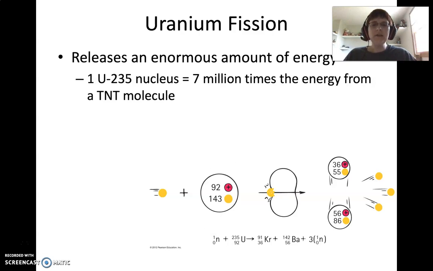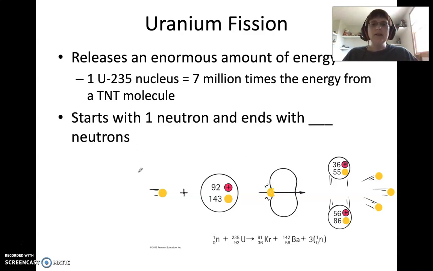And so you can see down here, we've got one neutron coming in. It hits our uranium-235, so you can see we've got our 92 protons, our 143 neutrons. It hits that nucleus, and we're going to get two nuclei. Like I said, they're not necessarily going to be even, and in this one, we're going to get krypton and barium.